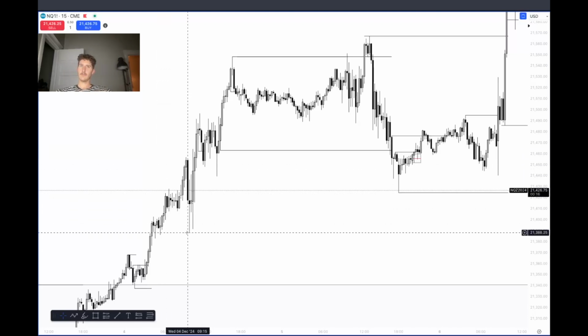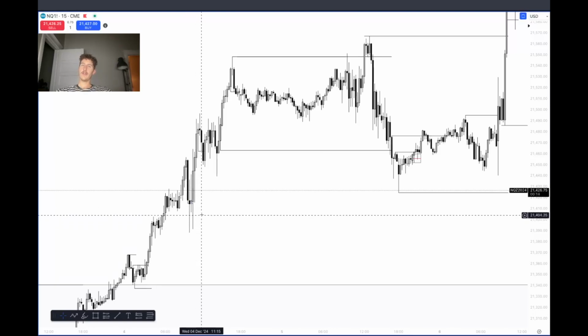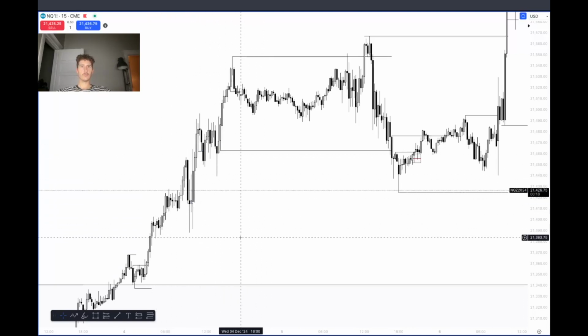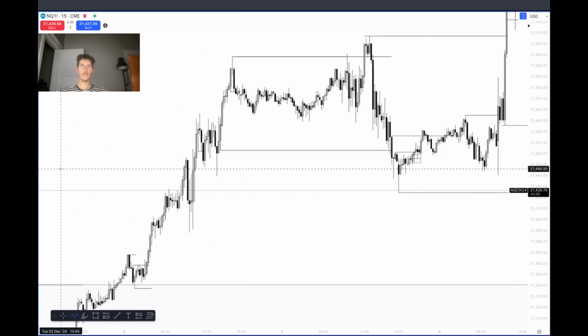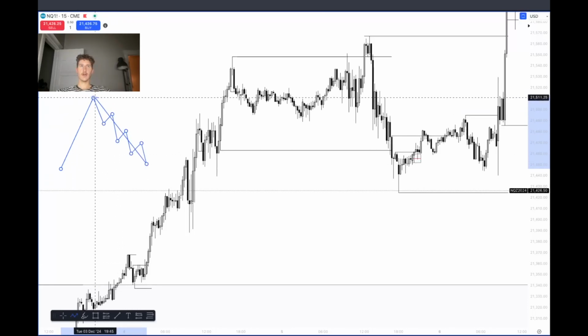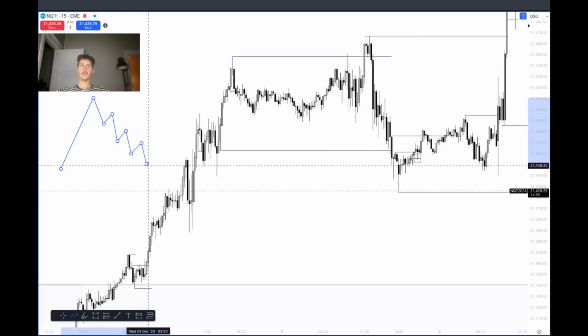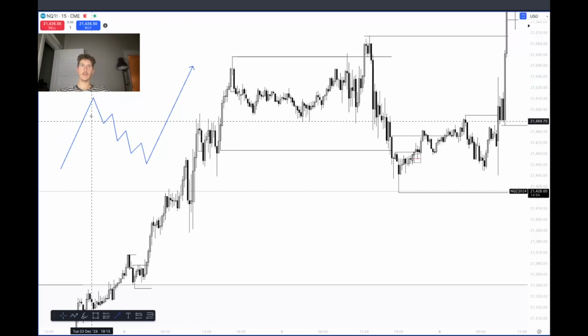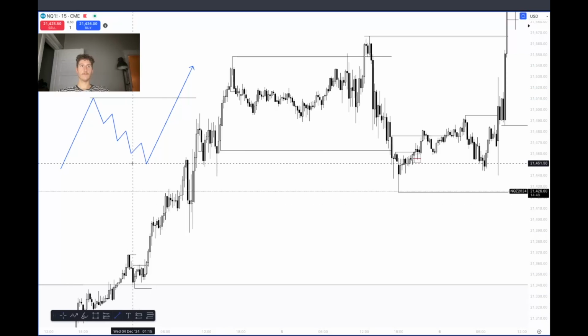And every time that you create a low that then goes and runs that high, the lowest point between the external high and when you go and close above the external high is the only actual valid structural low.